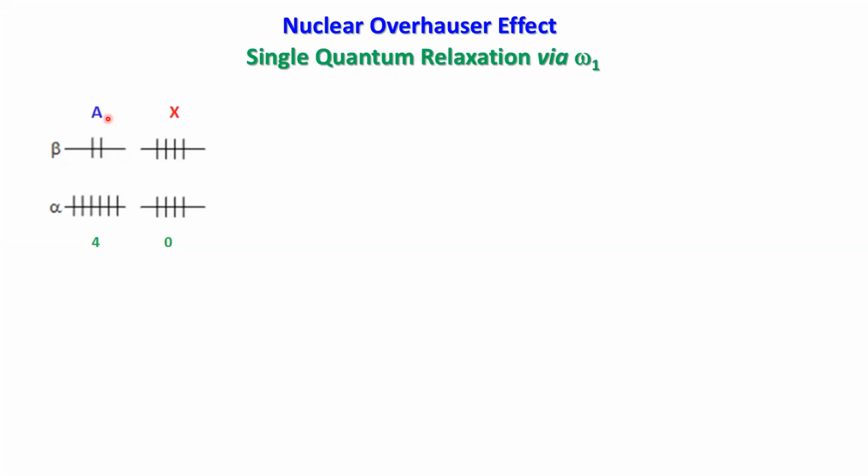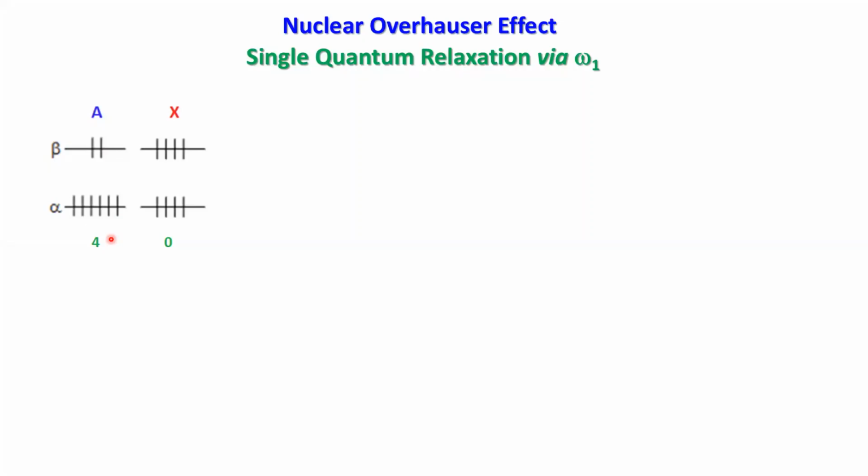Now, if we look at nuclei A, the population at the alpha state is higher than the beta. So the alpha state has an excess population of 4, and this excess population will help you have the NMR.